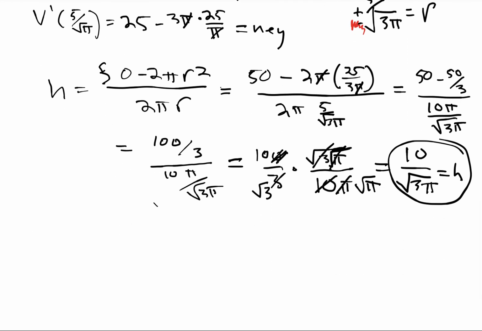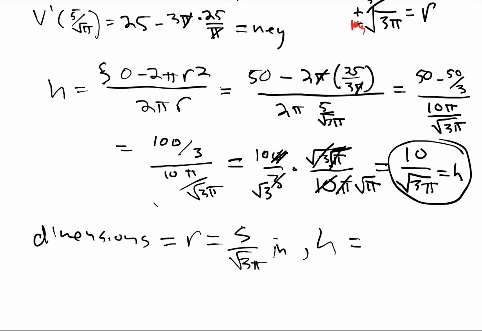Right, so my dimensions here were supposed to be 5 over root 3 pi inches for the radius, and my height was supposed to be 10 over root 3 pi inches also. Right, these gave me my maximum volume.